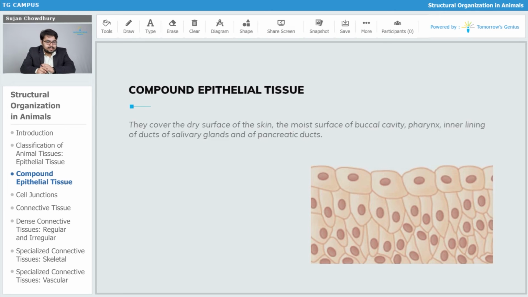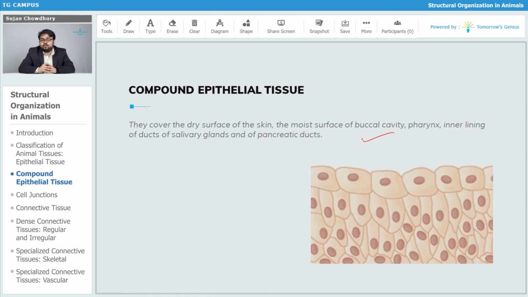They are also present at the moist surface of the buccal cavity because the food that we intake is made up of various substances. Some have an acidic and some have a basic pH. The temperature of the substances we eat also differs.